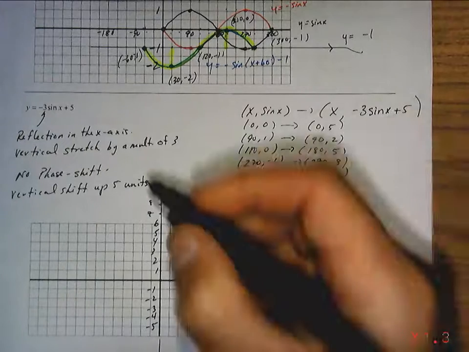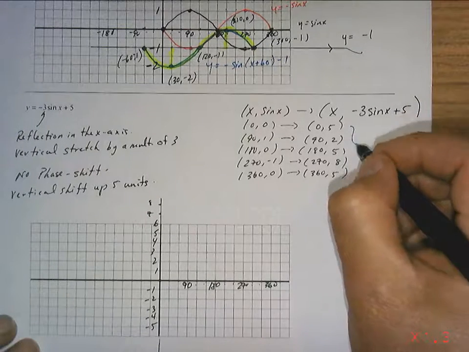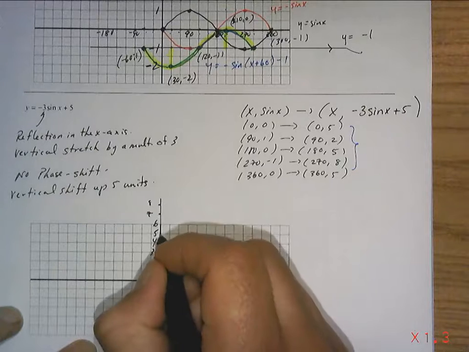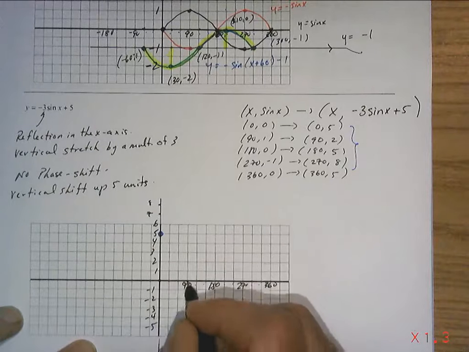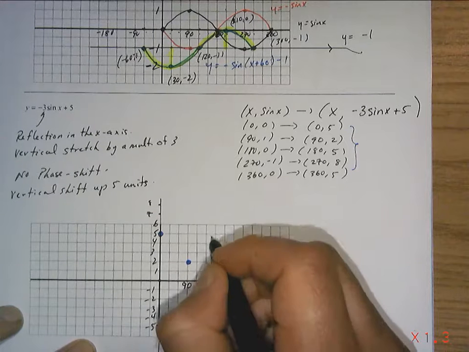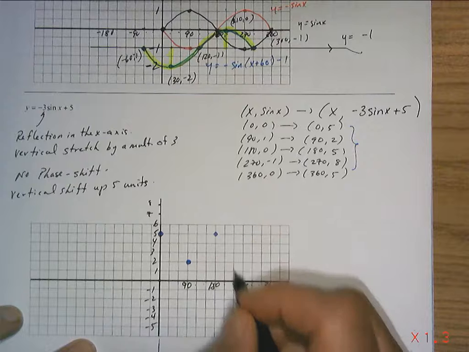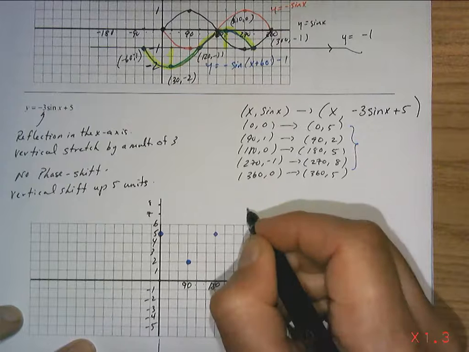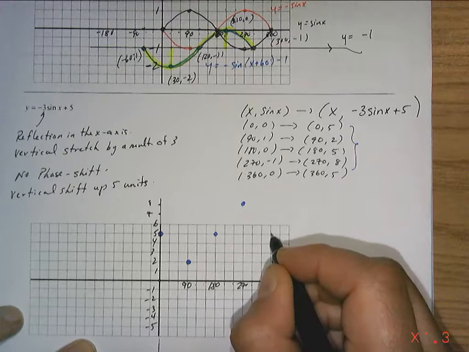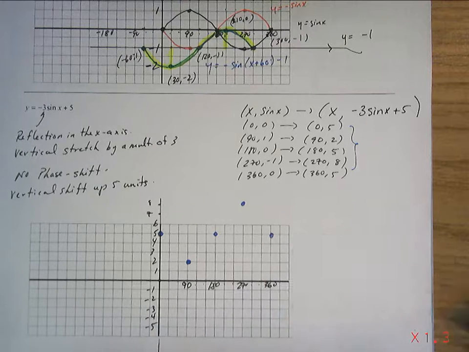So I'm going to plot these 5 points, and I'll be done. So 0, 5. 90, 2. 180, 5. 270, 8. 360 comma 5. Where did the horizontal axis go?